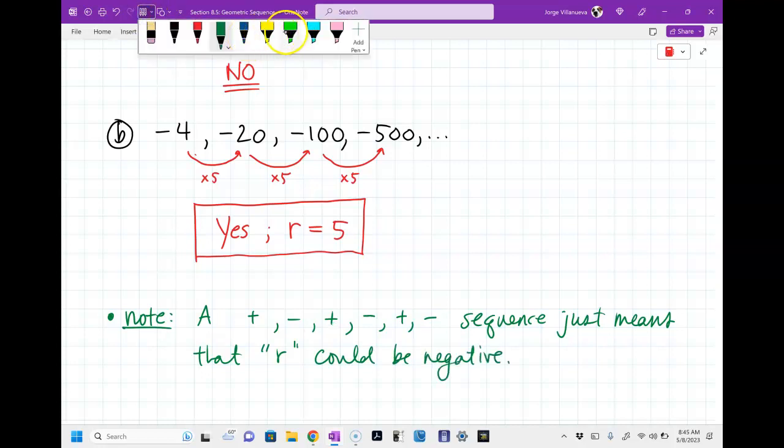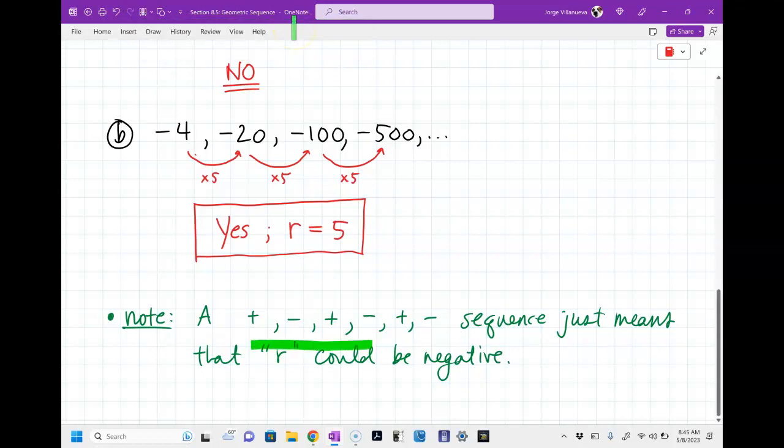Okay, now highlight that right there. R could be negative. That is possible. So just because it's jumping plus, minus, plus, minus doesn't mean that it's not geometric.